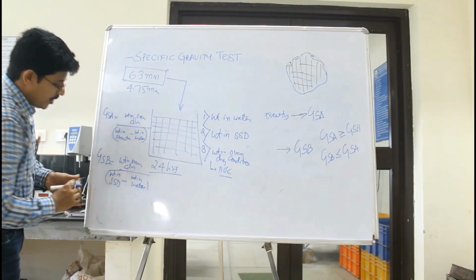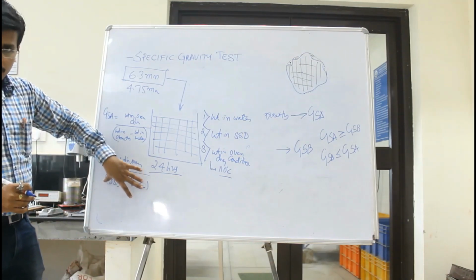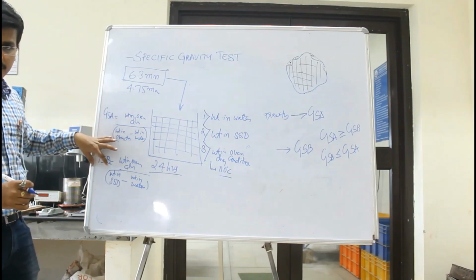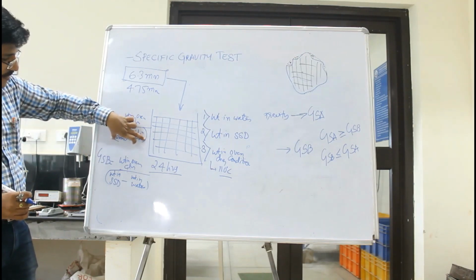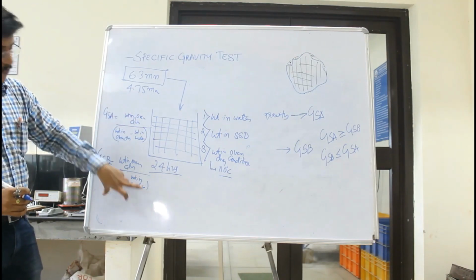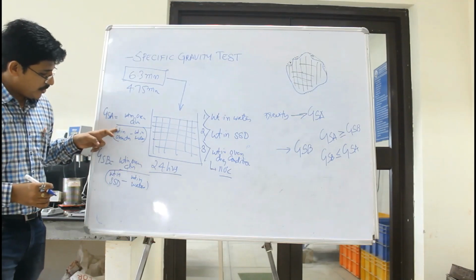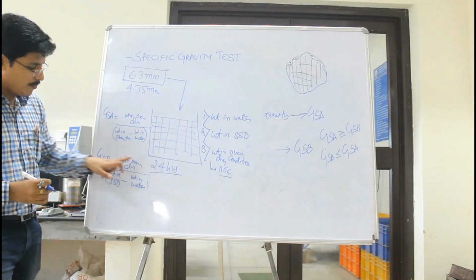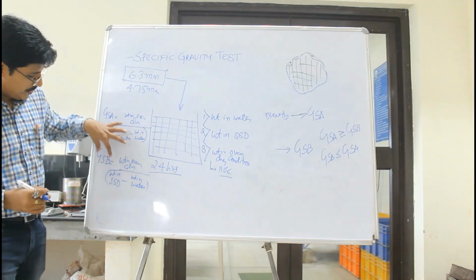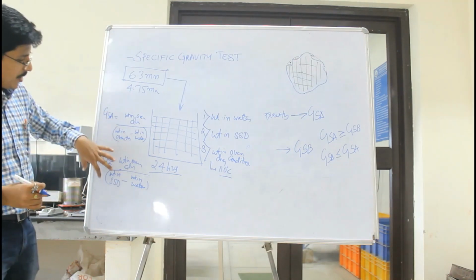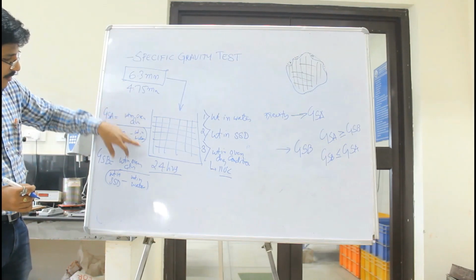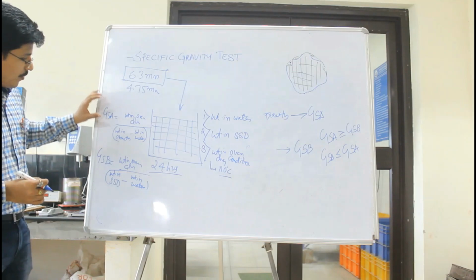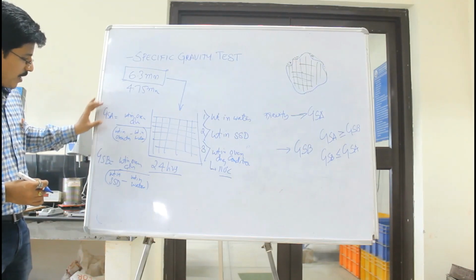Though the numerator is the same in both GSA and GSB, the denominator here is more, because the weight in oven dry condition is always less than the weight in SSD. So this denominator value will be more and the GSB value will be less, and similarly the GSA denominator will be low and GSA will always be high. This is how we find GSA and GSB.